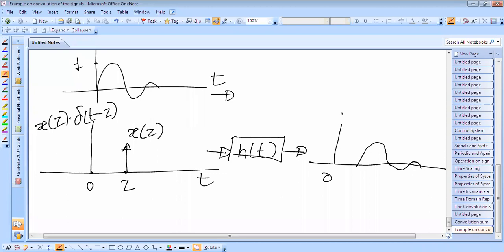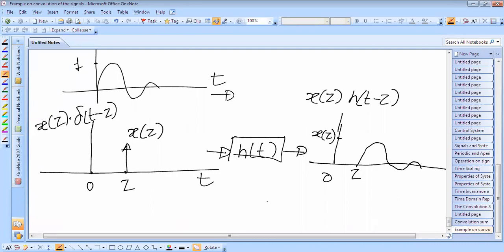Therefore, this is x of tau into h of t minus tau. So this is a time shifted and amplitude scaled impulse response.